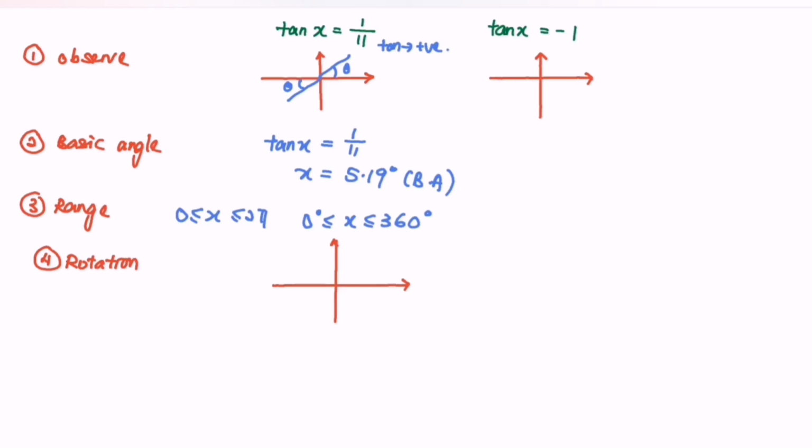As discussed in step 1, the first and third quadrant will be our basic angle. Our basic angle is 5.19 for both sides. The starting point is 0, rotate until 360, so we will have two answers.